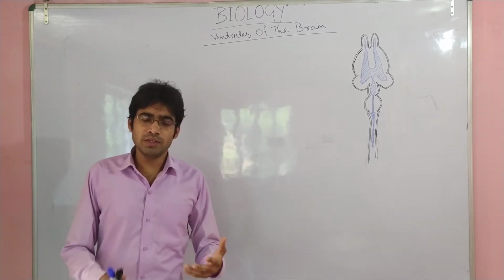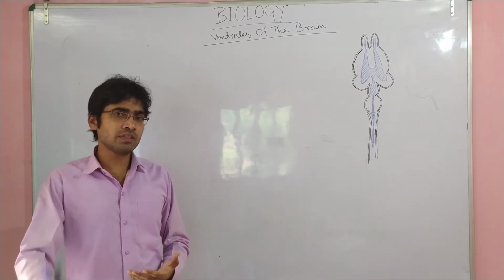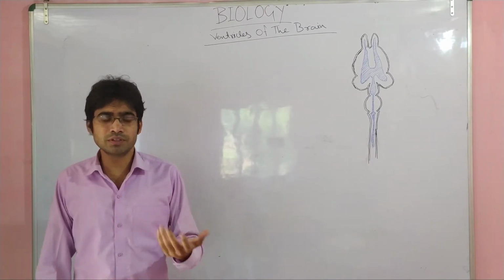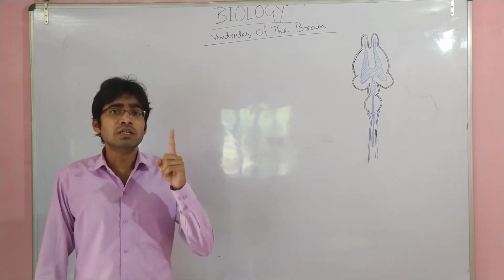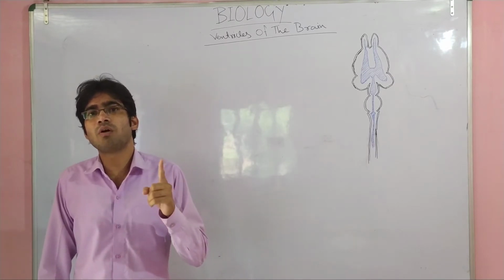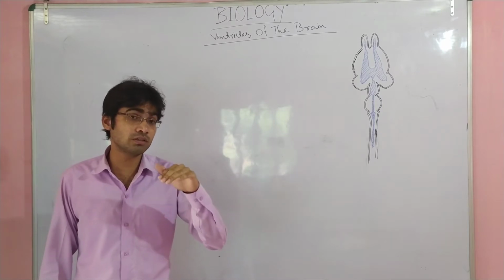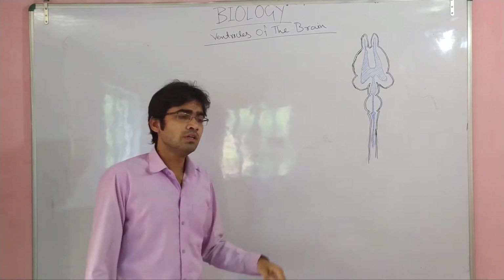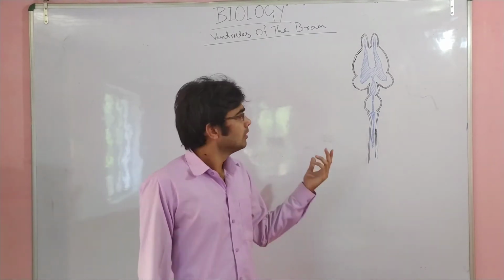That's why whenever you are giving the definition of a chordate, you have to include that it possesses a hollow central nervous system, or the dorsal tubular nerve cord is hollow, tube type.